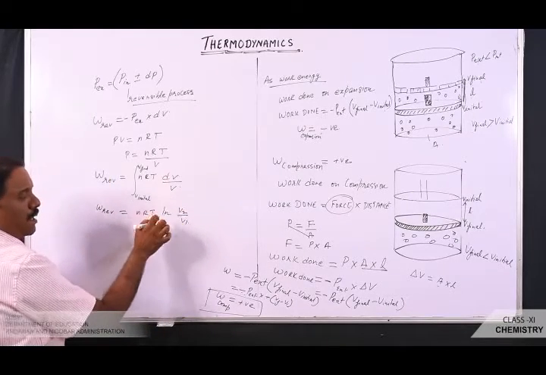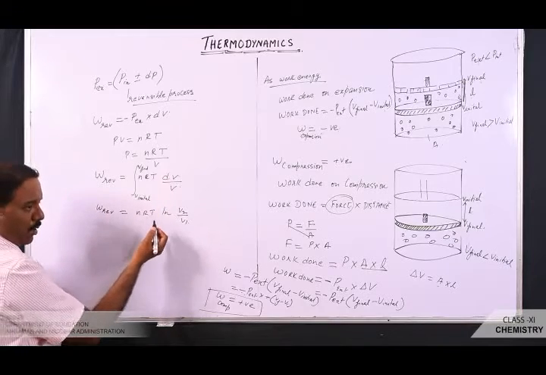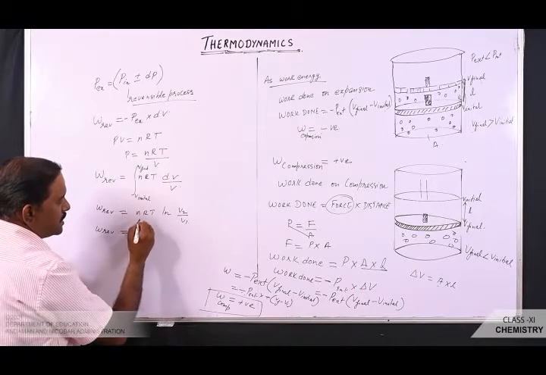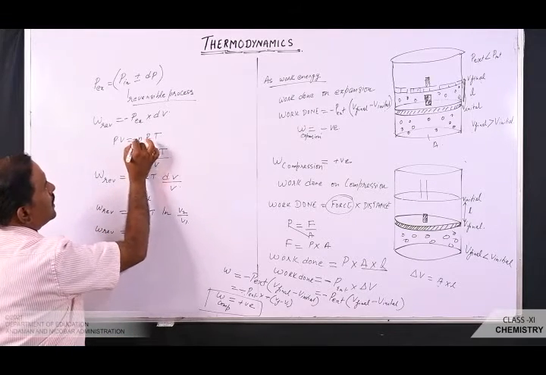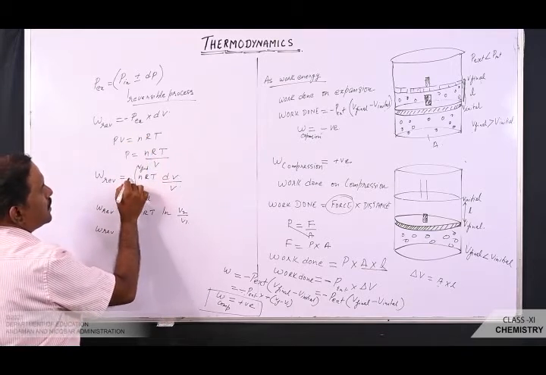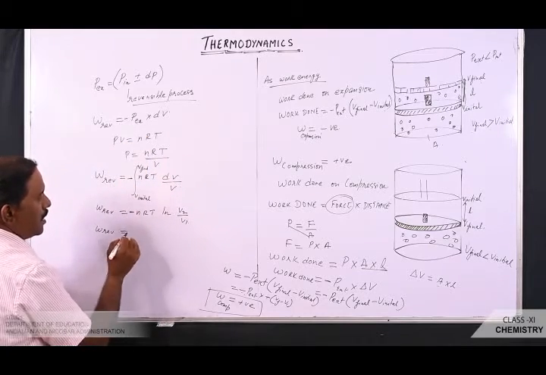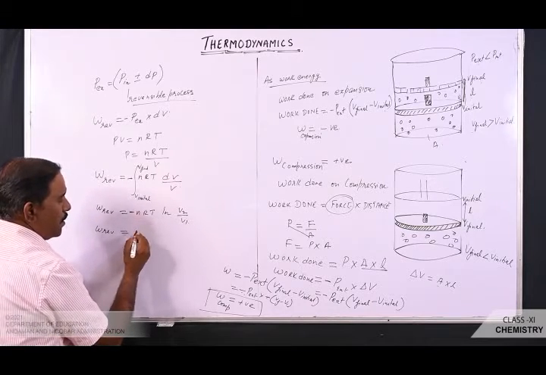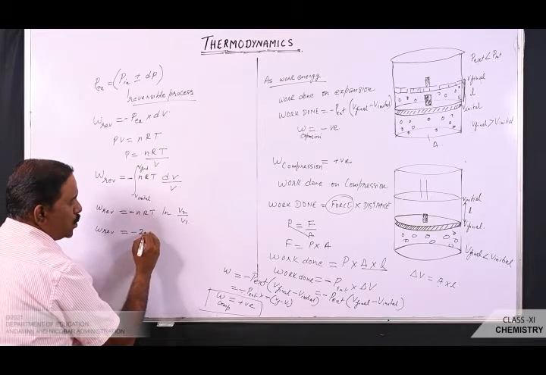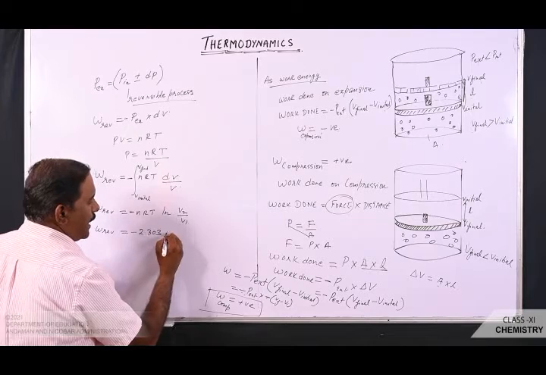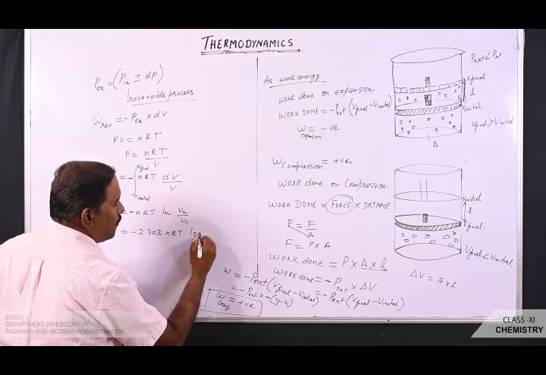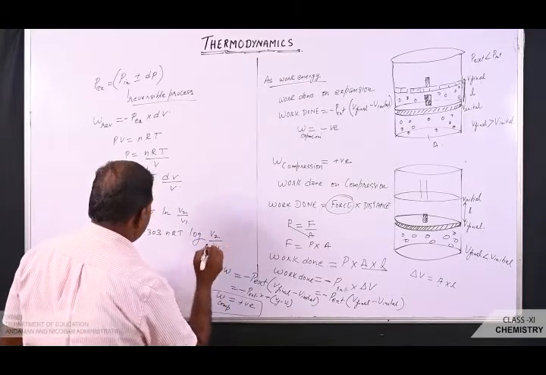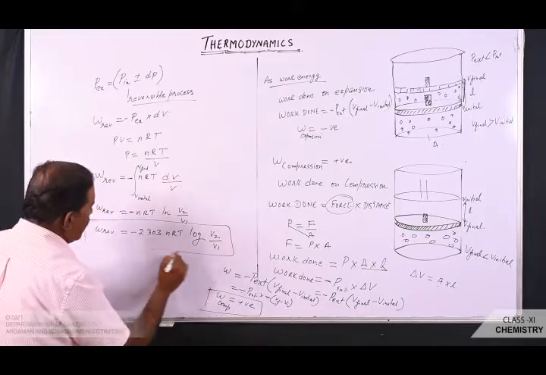This natural logarithm is changed to the logarithm at base 10, so W reversible is equal to minus 2.303 nRT log of V2 by V1. So, this is the expression for reversible work.